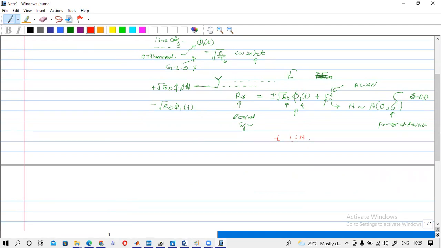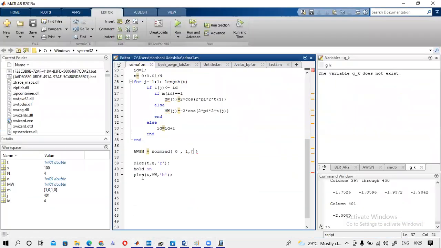If you generate the same number of values for AWGN and add them together, then to every calculated point you will add a noise value. So we will do it like that.